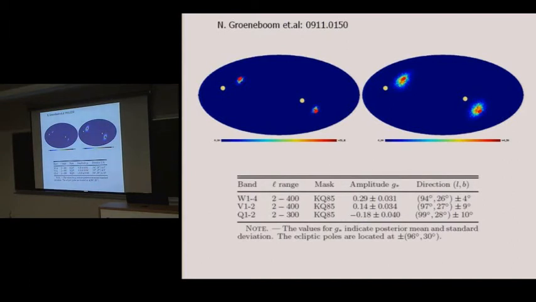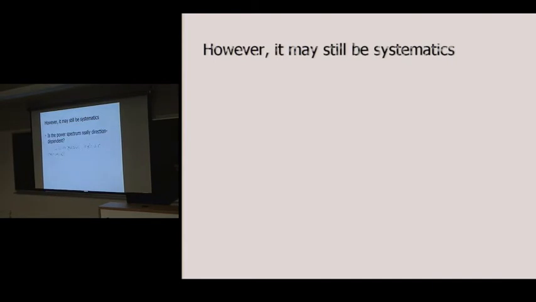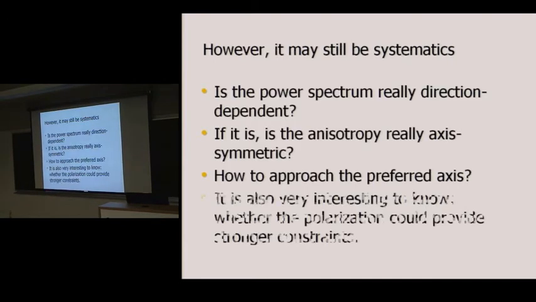However, later on Duncan, Hansen, and Lewis argue that this kind of preferred direction on the sky is due to the asymmetric beam on the sky. So there is some argument and debate on this. But it still might be systematic, as we mentioned about Duncan, Hansen and Lewis's paper.